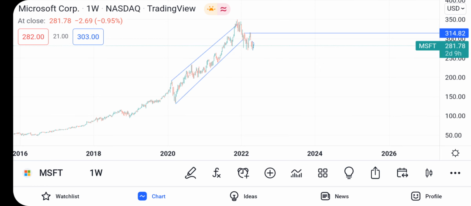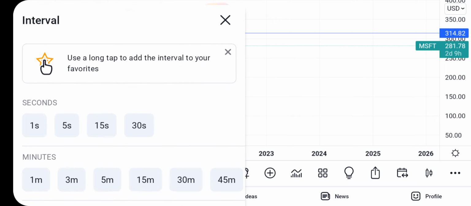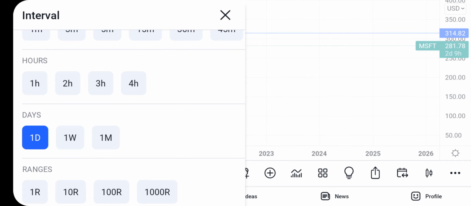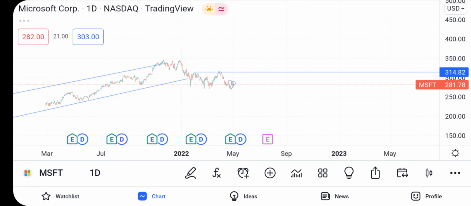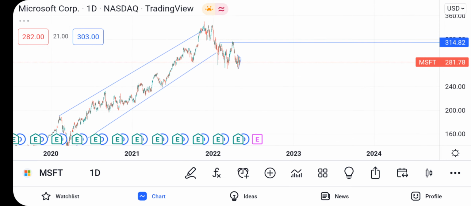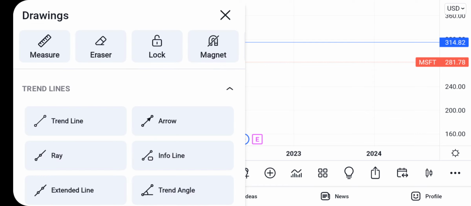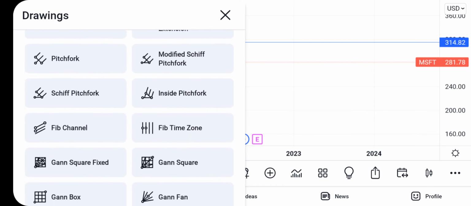So what happened on top there? We see something like a formation of head and shoulders. Let me plot it for you. Thanks to TradingView, it makes our life simple when it comes to trading. Let me plot this head and shoulders so that you can see it clearly.